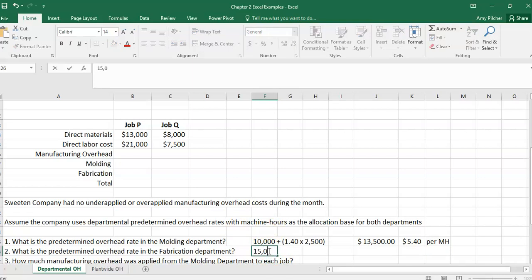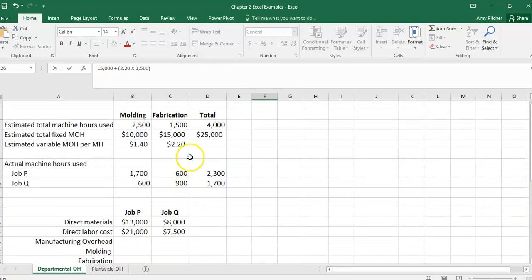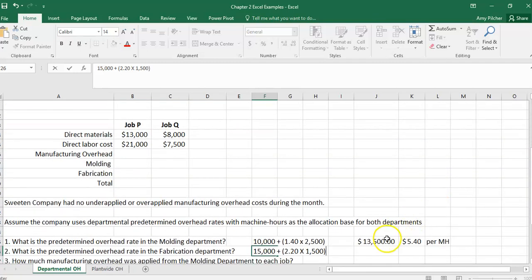We have fixed costs, 15,000, a variable cost of $2.20 per machine hour, and we have machine hours of 1,500. So look at this information. 15,000 fixed cost, $2.20 variable, 1,500 hours.